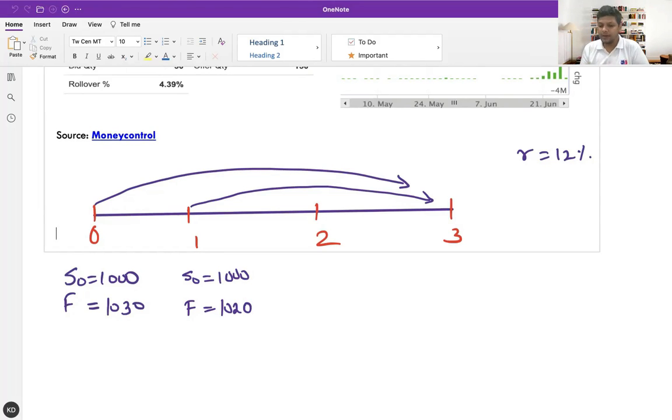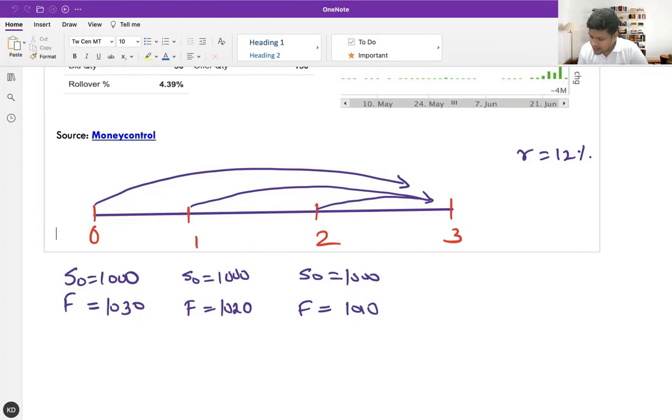Now suppose 1 more month is gone and the spot is still the same. Hypothetically, it's never going to remain the same, but I'm taking a simple example for your calculation. Will the future price be the same as spot? No, because there is still 1 month remaining. So at least it will be 1010, right?